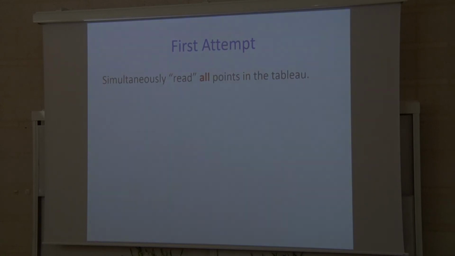So the idea is to simultaneously read all of the values in the tableau. We know that for each individual gate, and here we're using the no signaling property, when we ask about it, with probability 1 minus epsilon, we're going to get a consistent value.